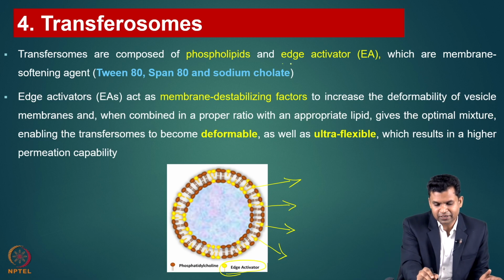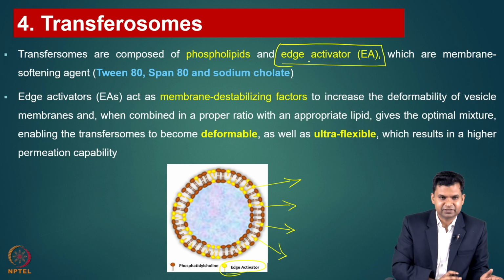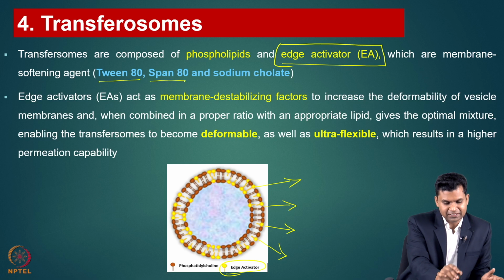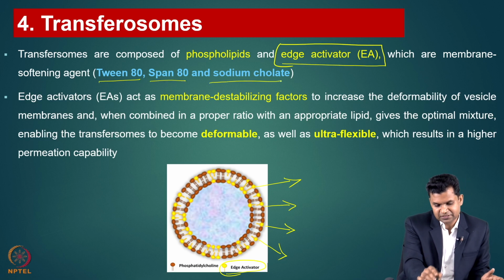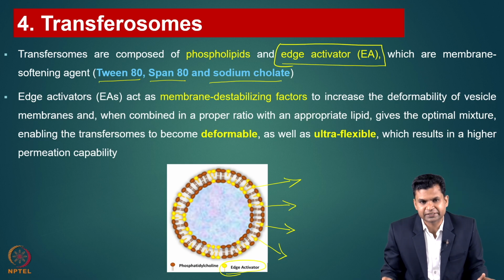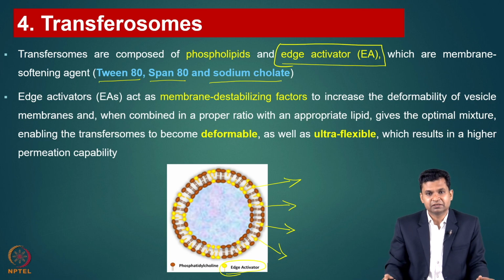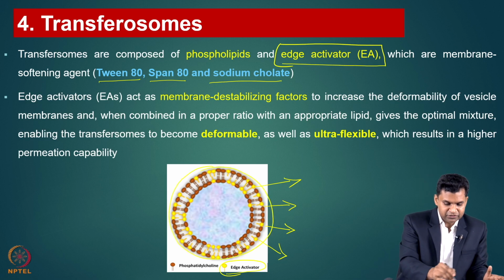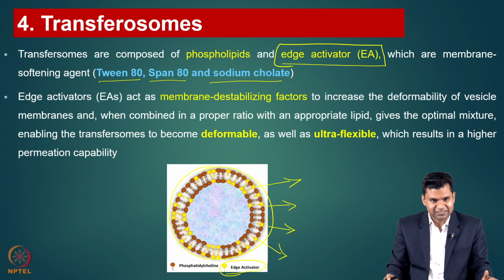One of the important components is the edge activators, for example Tween 80 and Span 80, and in some other cases we also use sodium cholate, which helps in the softening of the outer membrane of the vesicle.